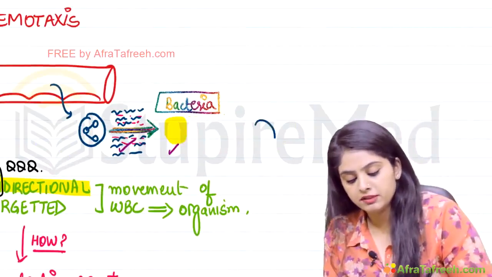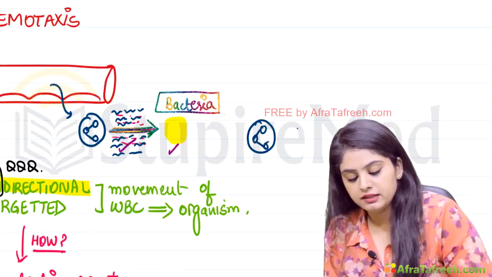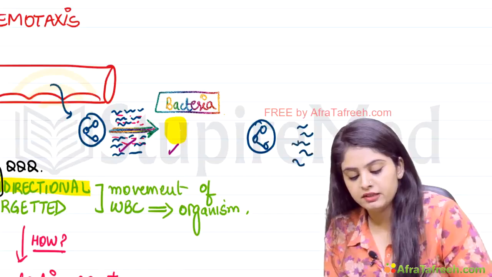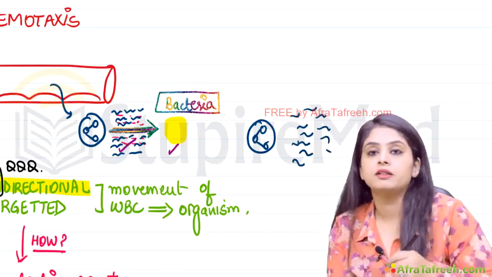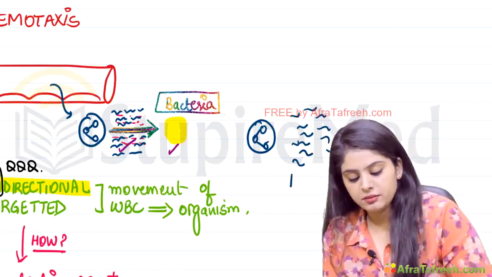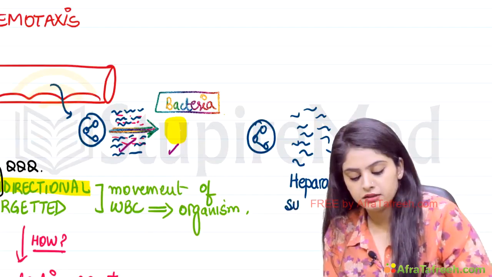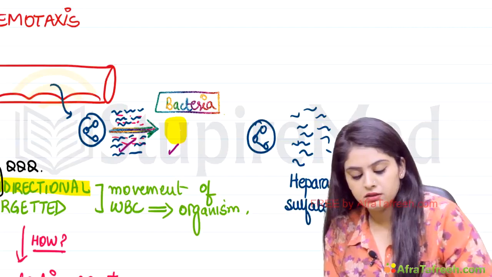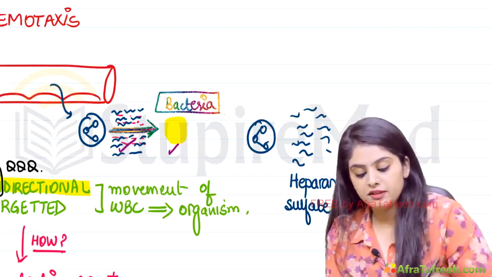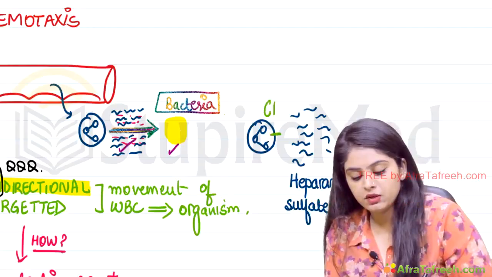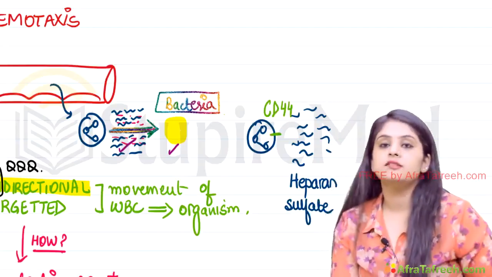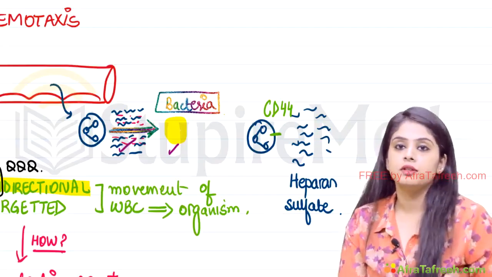So remember that if this was the WBC, and this is all the extracellular matrix through which it is moving. This extracellular matrix has something known as heparan sulfate. And this heparan sulfate will bind to something on the WBC known as CD44. Right?